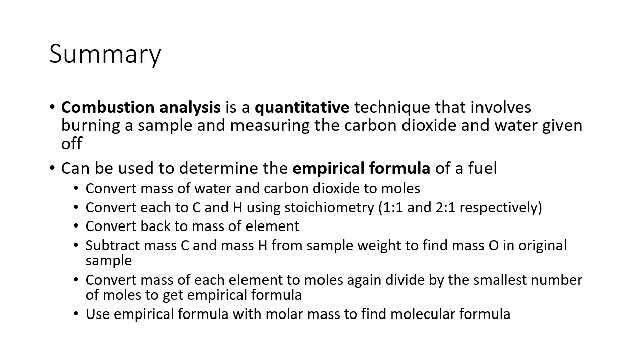We convert each of those to carbon and hydrogen using stoichiometry, 1:1 for carbon dioxide and carbon, 2:1 for hydrogen and water. And then we convert back to mass of the element. Subtract the carbon and hydrogen masses from the sample weight to get mass of oxygen in the original sample. And finally, you convert the mass of each element to moles again, and then divide by the smallest number of moles in order to get the empirical formula.